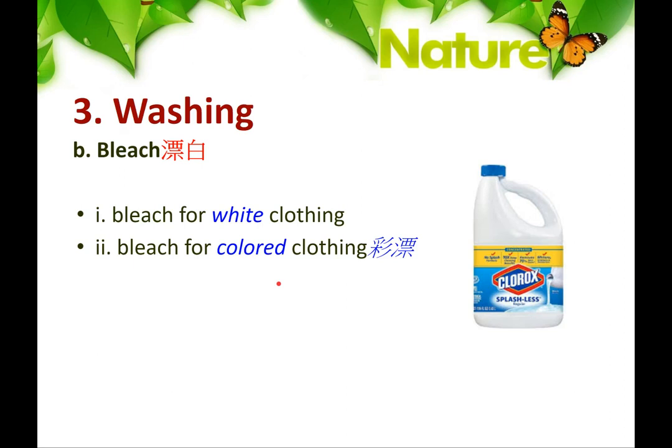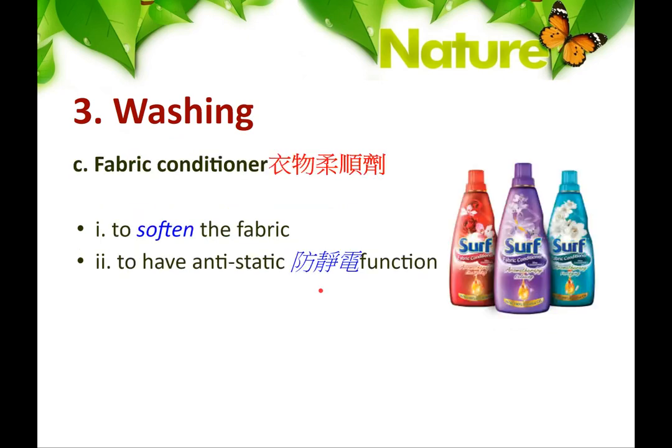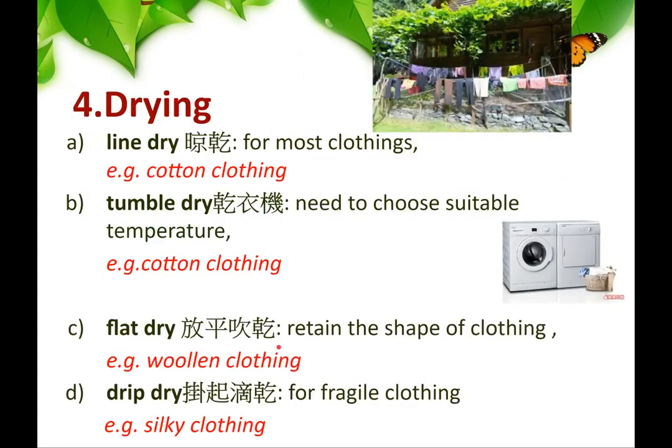If it is colored clothing, we need to use this colored bleaching agent. Otherwise, the color will fade. So if we want to soften the fabric and have an anti-static function, we can add fabric conditioner. This is for your information.